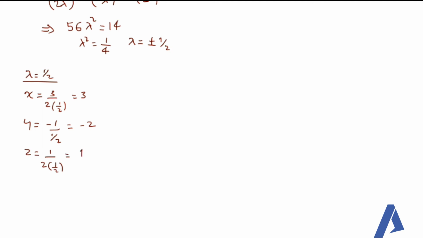So when lambda is positive 1 over 2, our point becomes 3, -2 and 1. Because when lambda becomes -1 over 2, it's just the negative of these values. So the point becomes -3, 2 and -1.